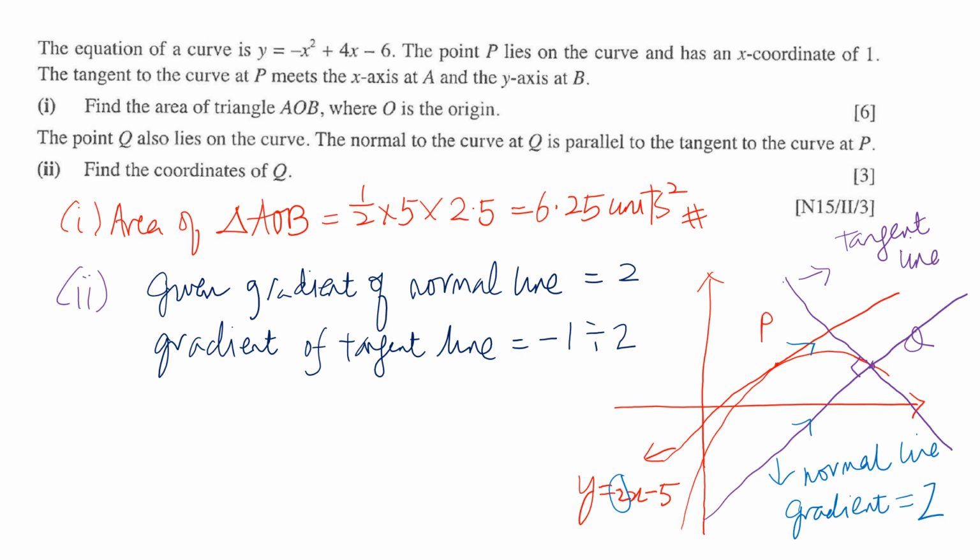So that gives you -1/2. We're going to let the derivative equal -1/2. Originally we found our derivative to be -2x plus 4, so we're going to let this equal -1/2.